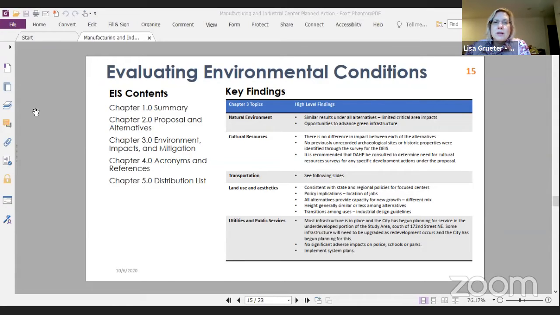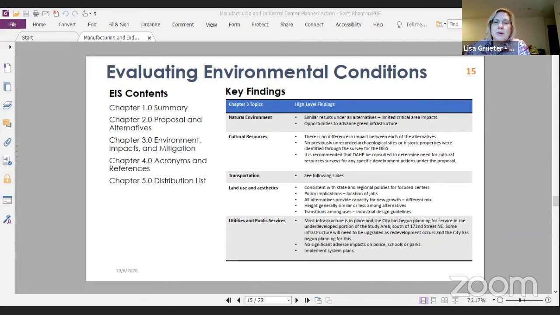For cultural resources, because development could occur anywhere on the sites that may have the potential for cultural resources, there's no substantial difference among the alternatives. The firm CRC did do some reconnaissance level site surveys for areas of potential effect, and they found no previously unrecorded archaeological sites or historic properties.